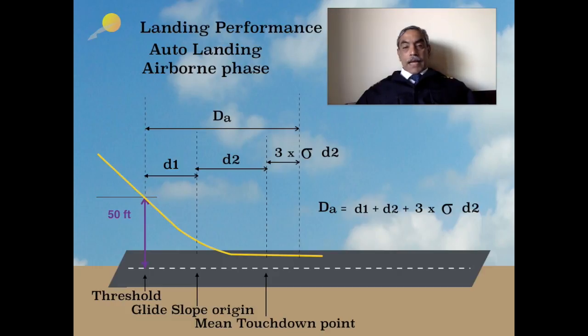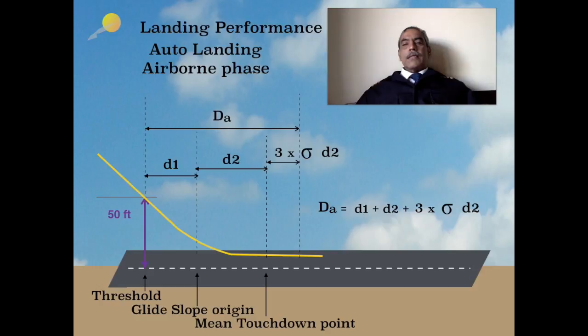But now to this D2 is added another increment, that is 3 times the standard deviation of D2. Standard deviation is a statistical technique which is used to find out how much it deviates from an average. We will not go into the detail, but it provides a safe margin to the distances measured.